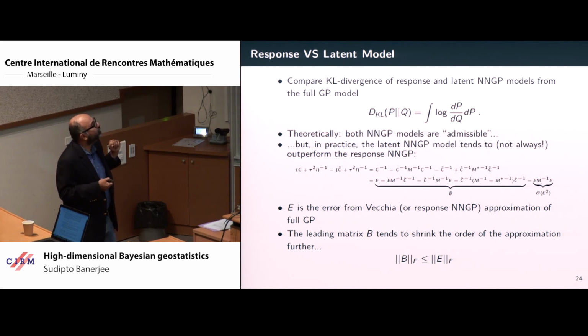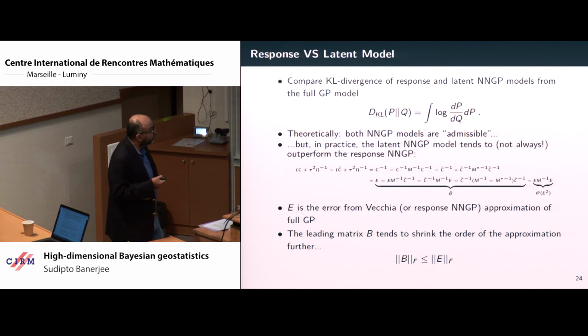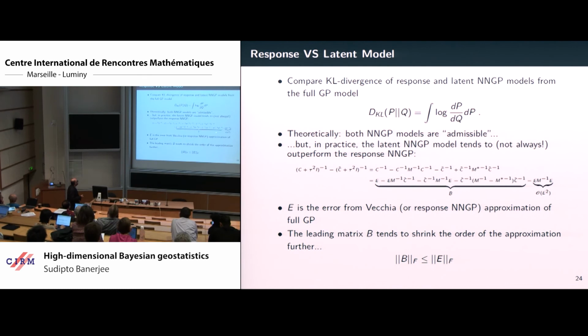But what happens is, if you do a little bit of matrix analysis, you can show that the error from the full GP to the latent process model, where the NNGP is approximating the latent process, can be written out in terms of a matrix B and a matrix of order E squared, where E is the error from the Vecchia approximation. And then this leading matrix, using some matrix norms, for example, the Frobenius norm, but there are other equivalent norms that you can use, will be bounded above by the Vecchia.